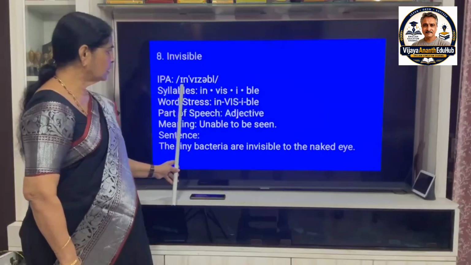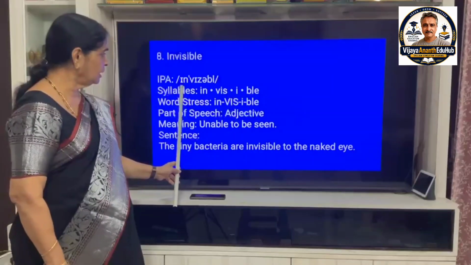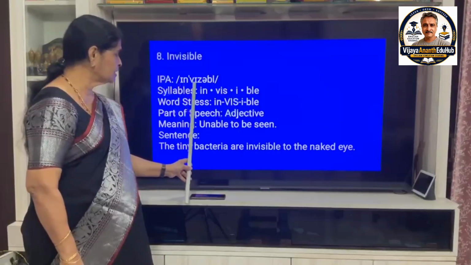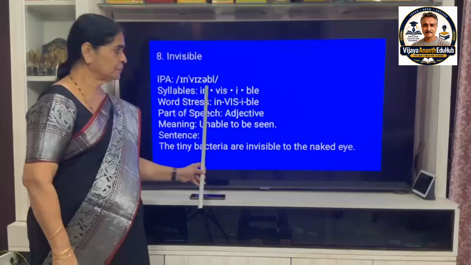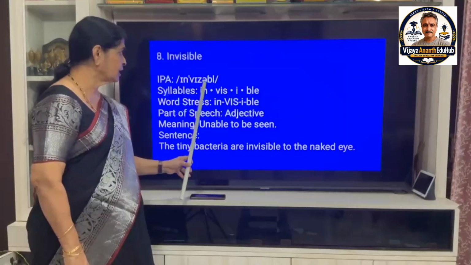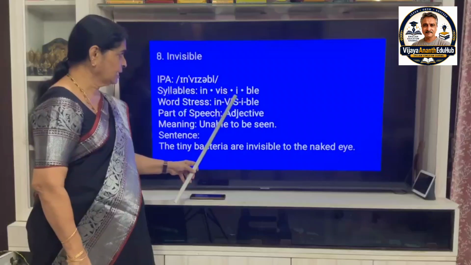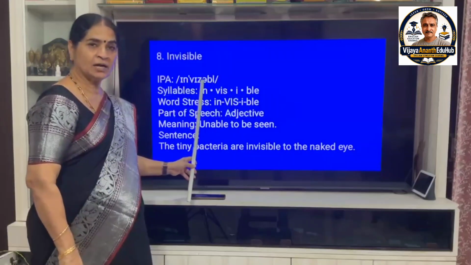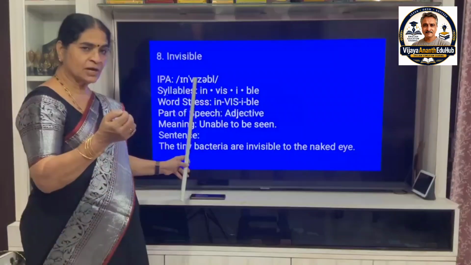In, viz, invisible. Actually, it's not an E sound here. In spelling, it is I, but in pronunciation, it does not have the E sound. It's a very, very short vowel sound.